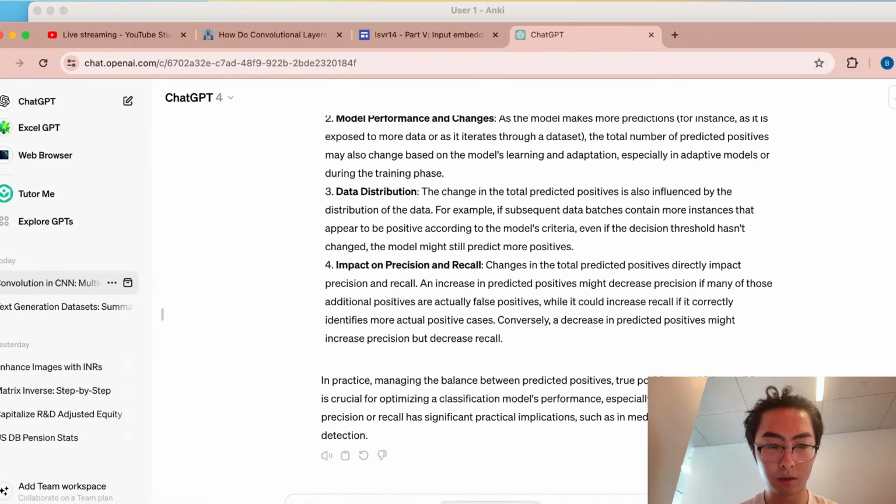Does recall also change as the number of predictions increase?